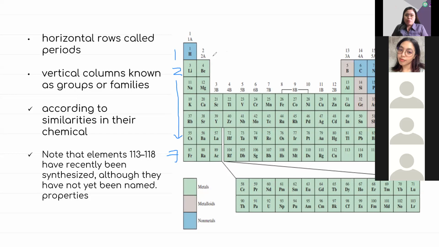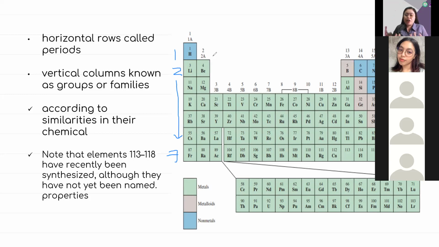That's the period. But when you say vertical, that is the groups or the families. We call it groups or families in the periodic table. It runs upward and downward. So when we say group 1 or group 1A, that starts with hydrogen, then going down: lithium, sodium, potassium, rubidium, cesium, and francium.